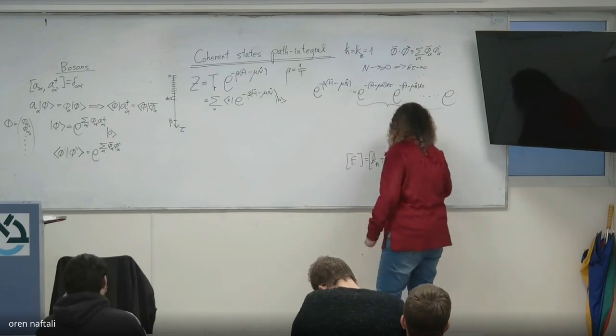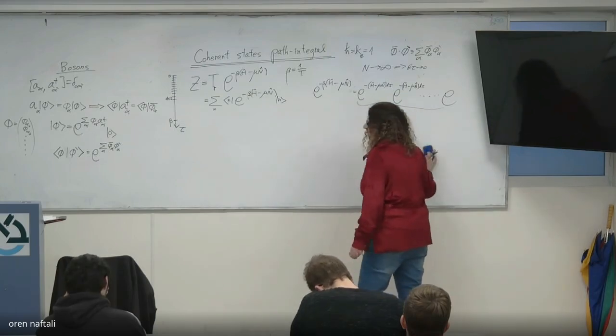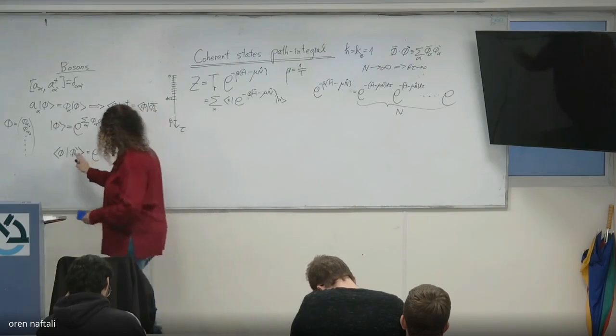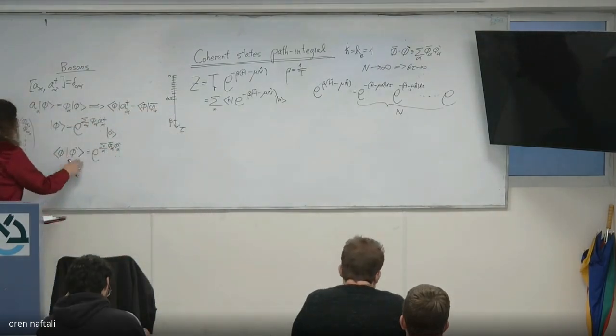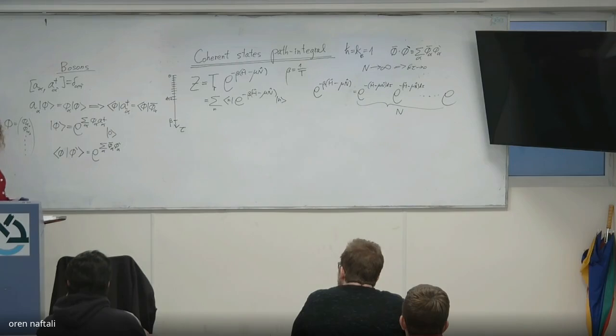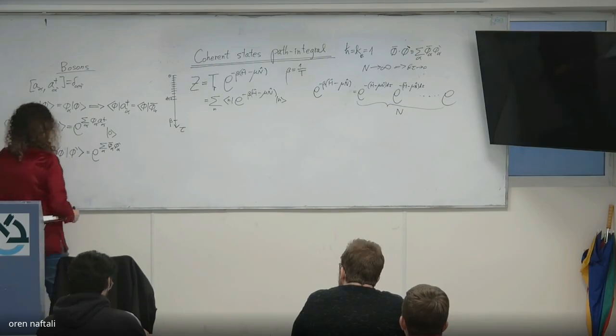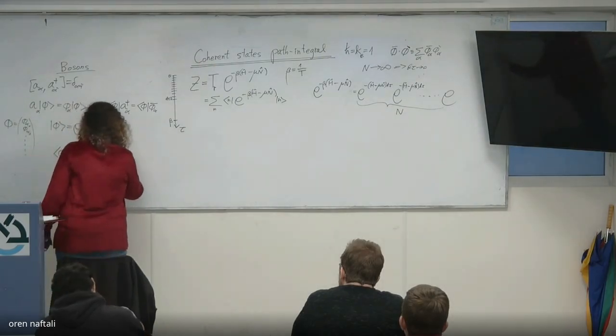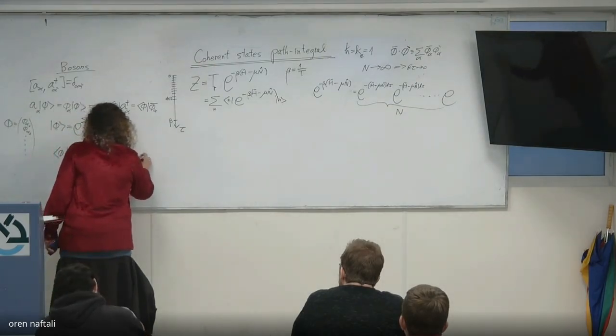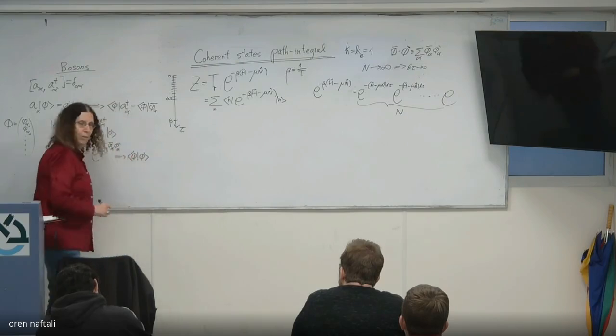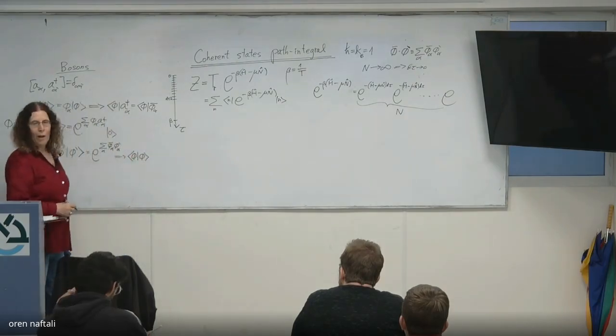Great. So this is a general expression for an inner product, but it implies that now if I take phi prime to be equal to phi, a special case of that is that the inner product of phi with itself is not 1.